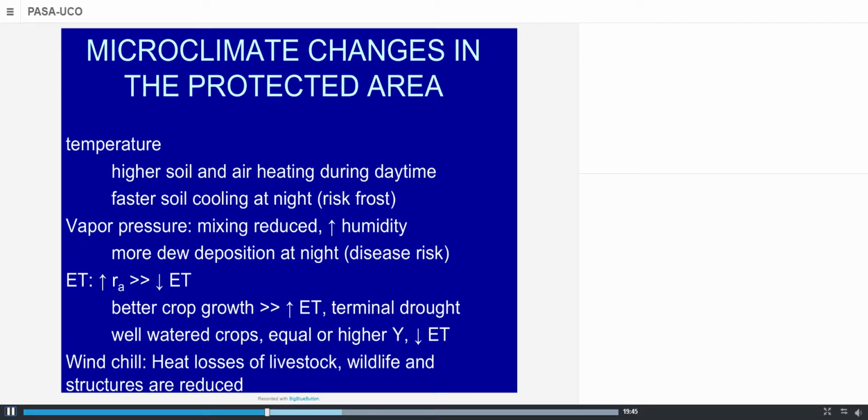The case of evapotranspiration depends on the availability of water for the crop. When we put in a windbreak, we are increasing the aerodynamic resistance, and that means lower evapotranspiration when we have enough water for evapotranspiration.